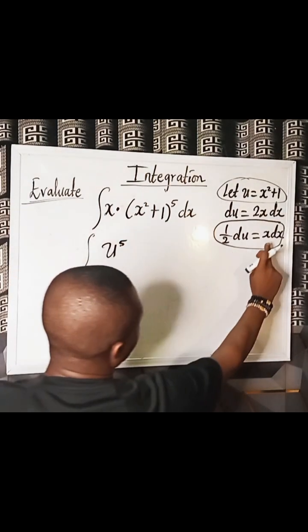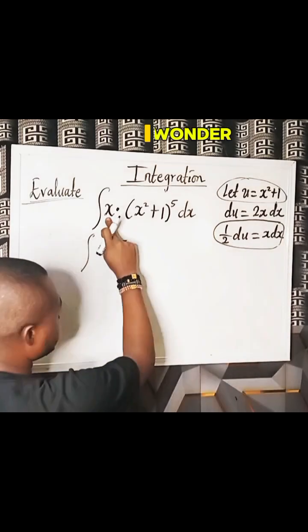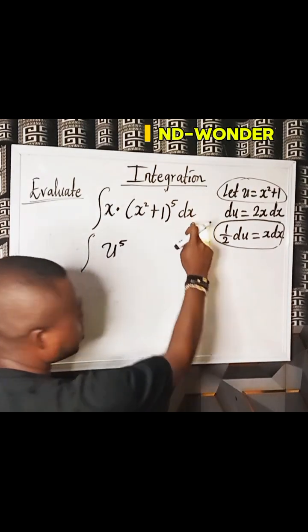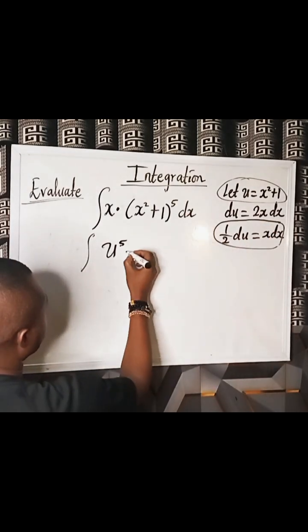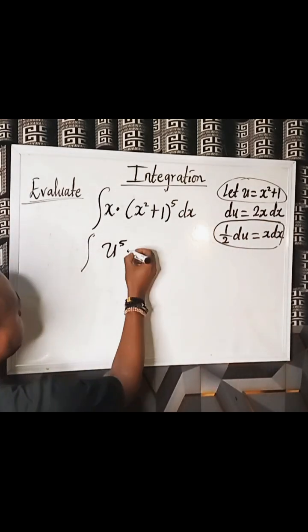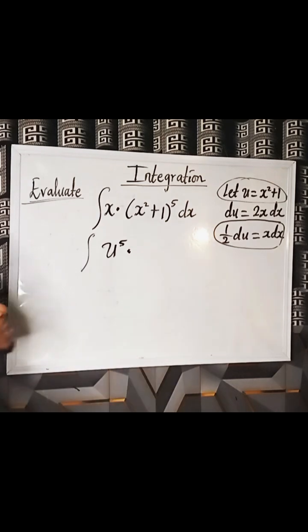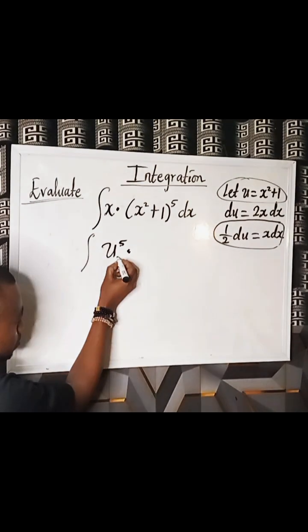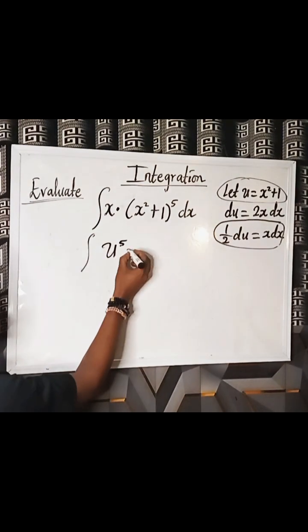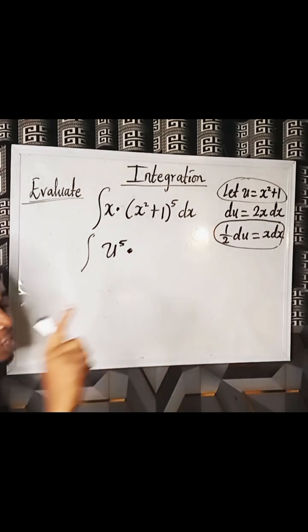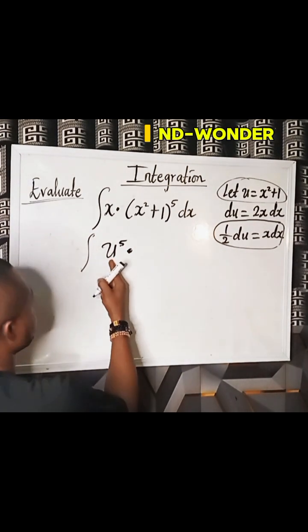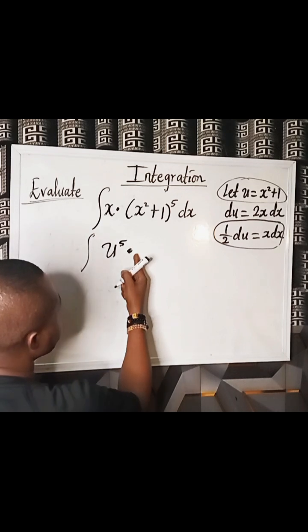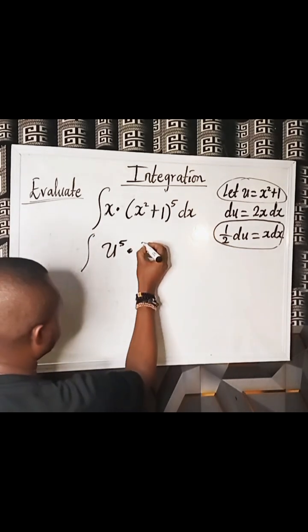Remember, x dx gives us half du. So this becomes times, remember, this means times, not decimal. Decimal comes somewhere here, but when you indicate a point in the middle, it becomes multiplication. So this becomes u raised to power 5 times half du.